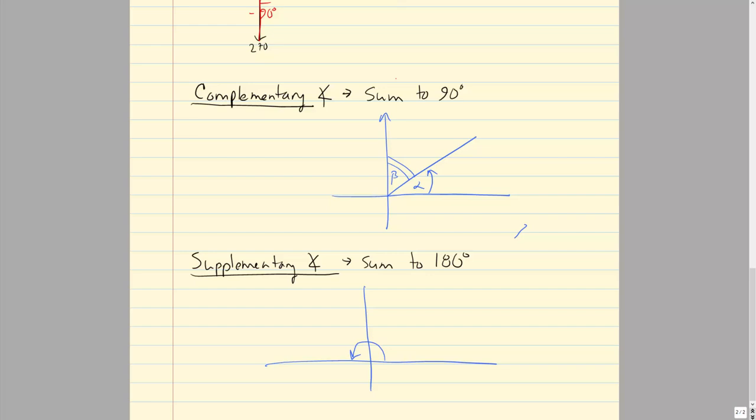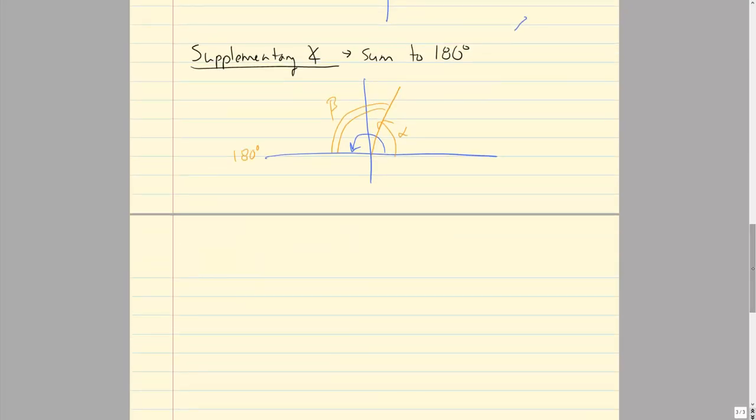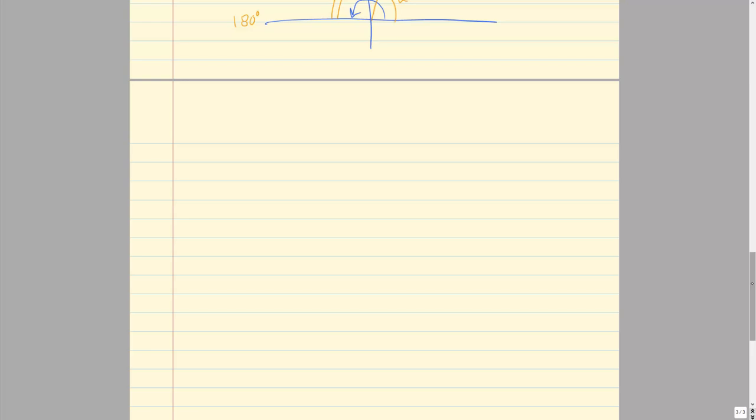So if we had two angles, let's say we had another angle alpha, our angle beta would have to be what forced it to this 180 degrees over here. Okay, so complementary angles sum to 90, supplementary angles sum to 180 degrees. Important to know. We'll use that a lot in this particular homework section. So we can use these ideas to find complements and supplements of angles. For instance, we can find the complement and the supplement of, let's say, 29 degrees.